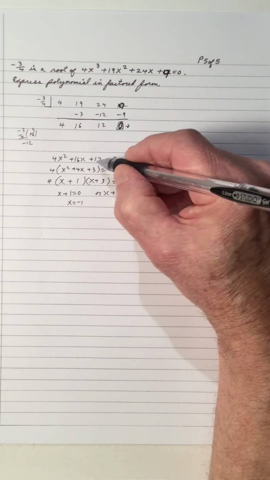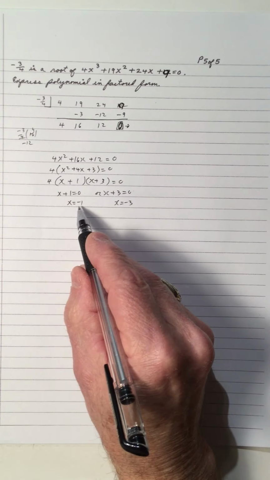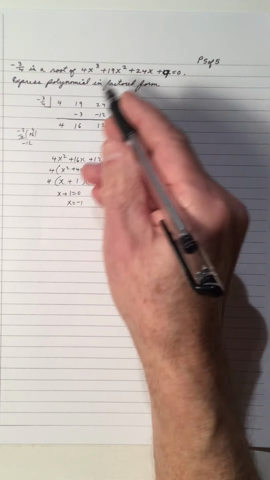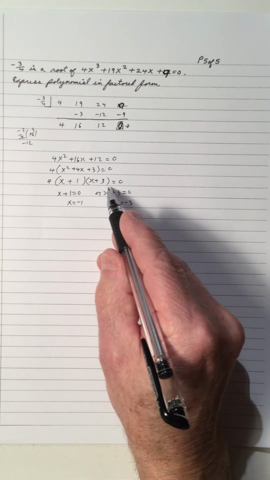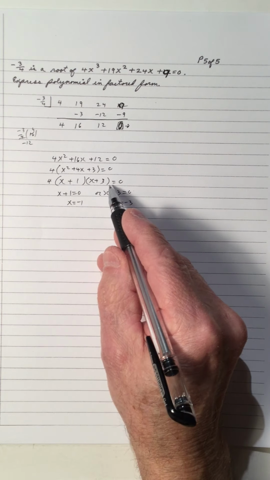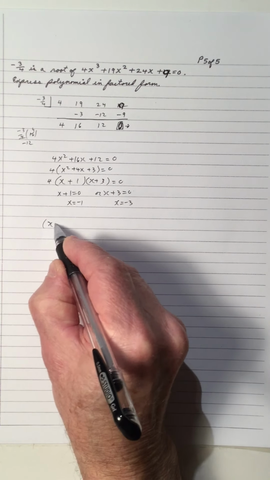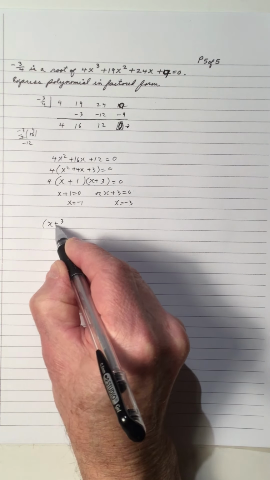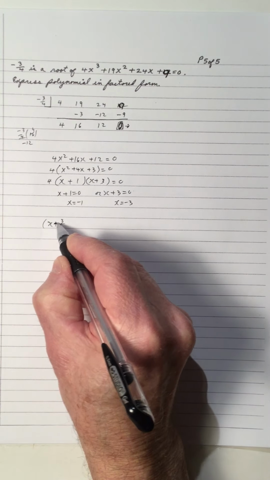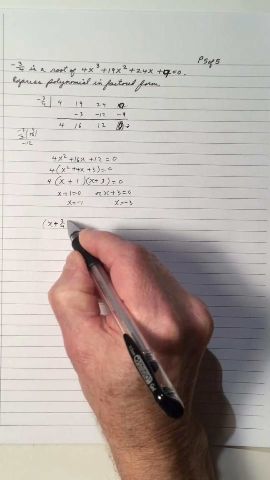This is the depressed equation, factored. So the other two roots are these. Now, I wanted it in factored form, so I really didn't need... So watch what happens. If this is a root, this is x minus 3/4 in the factor, because the factor is the opposite of the root.